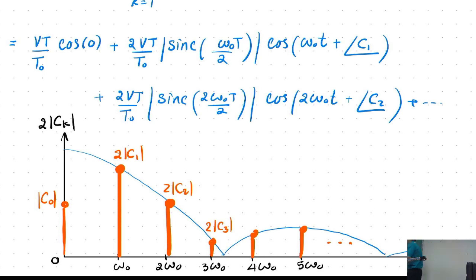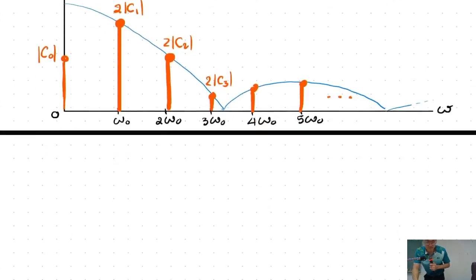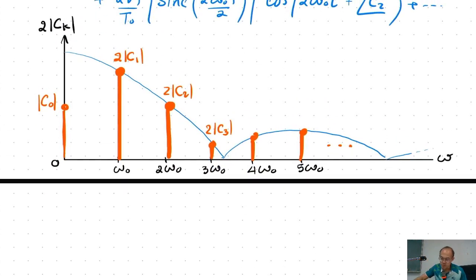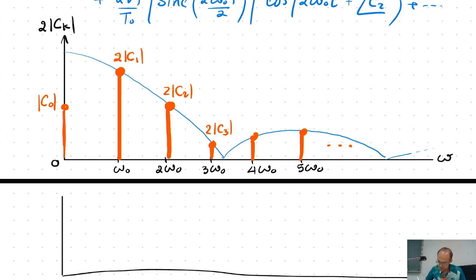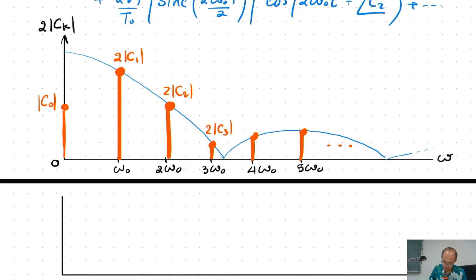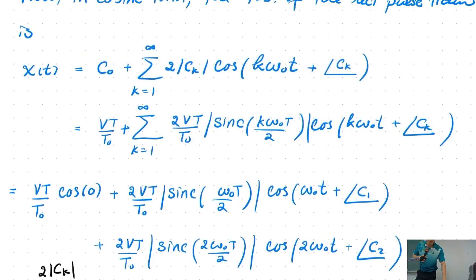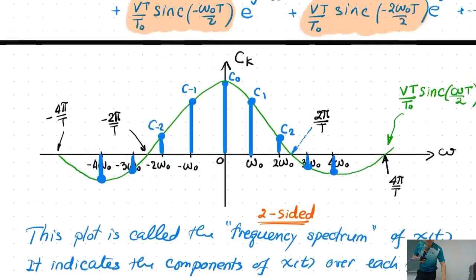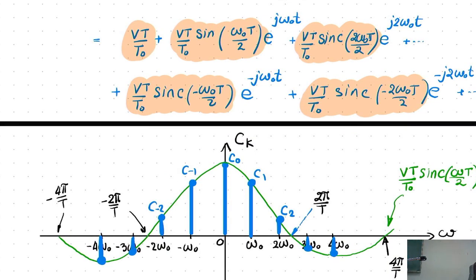Now, as for the phase, sometimes we need to know the phase here. Sometimes we need to plot the phase. So when we plot the phase of Ck for this particular signal, we can look at Ck over here. Whenever Ck is positive, it is a real number, right?